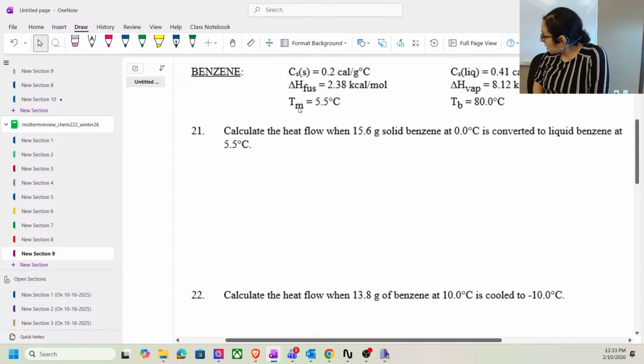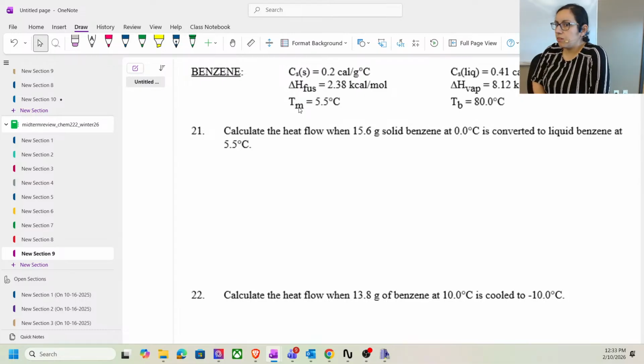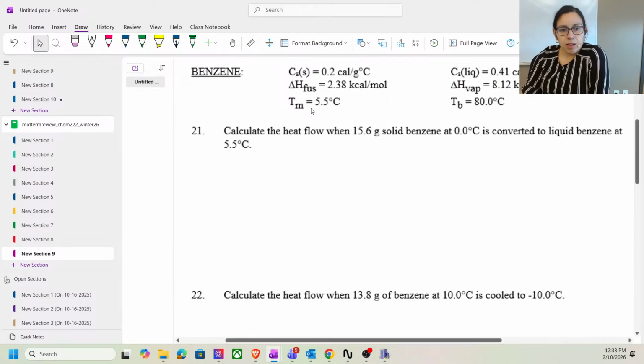So again, I would do that on the exam. I might be mean and put them in different units though. So just be prepared. So here's the melting point and here's the boiling point. So what heat flow is needed when 15.6 grams of solid benzene at 0 degrees Celsius are converted to liquid benzene at 5.5 degrees Celsius.